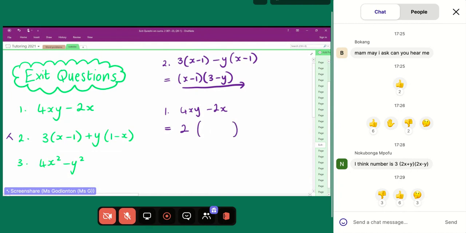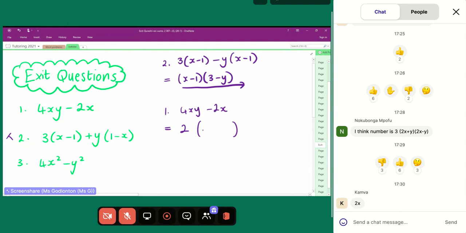Outside of your bracket, you're going to have 2. Inside of your bracket, you're going to have xy minus 1x. Okay, so I'm going to write what you've got over here. And now can you tell me what is still in both of those terms? X. Yeah. So what could I take out that's more than just a 2? 2x. Yes, there you go. So if I take out 2x, then I have 2y minus 1.